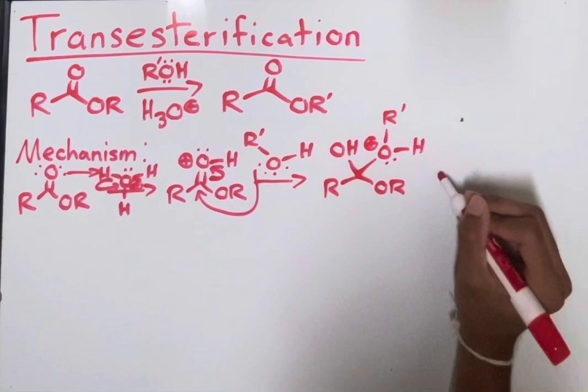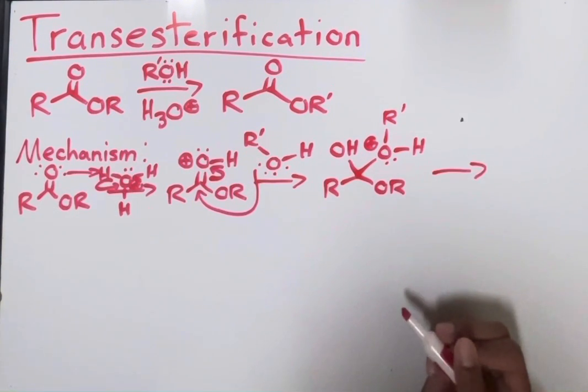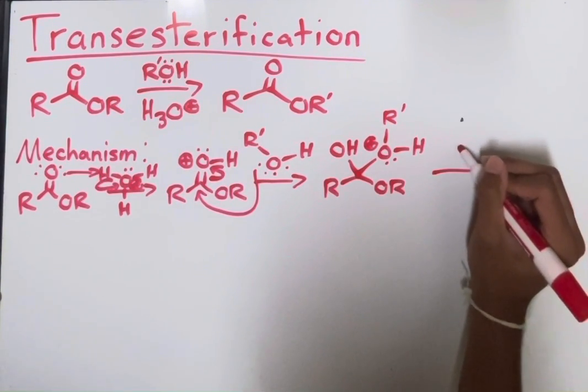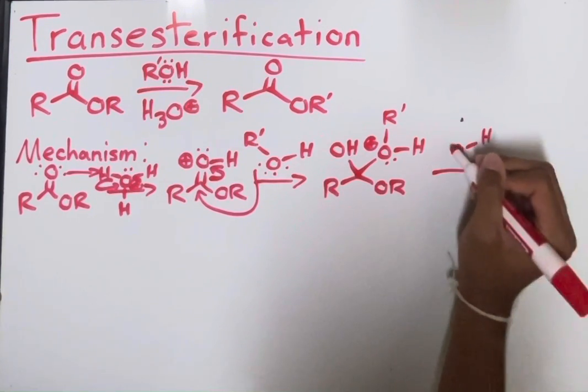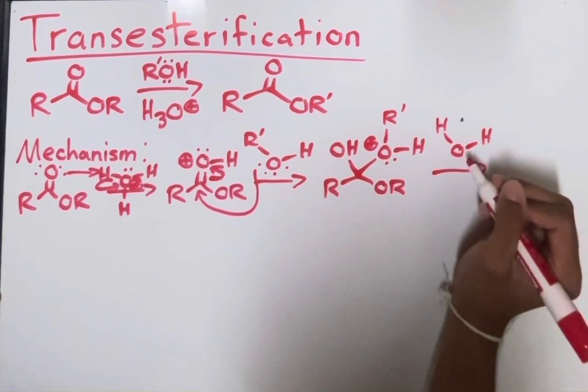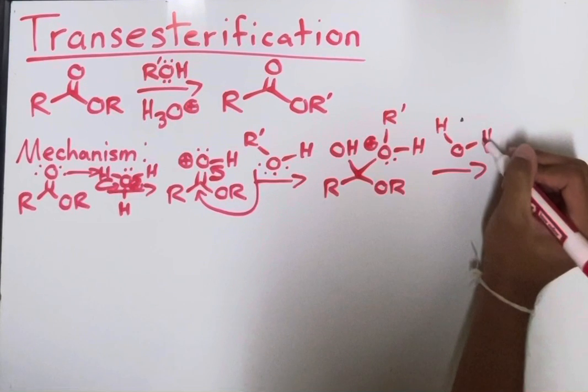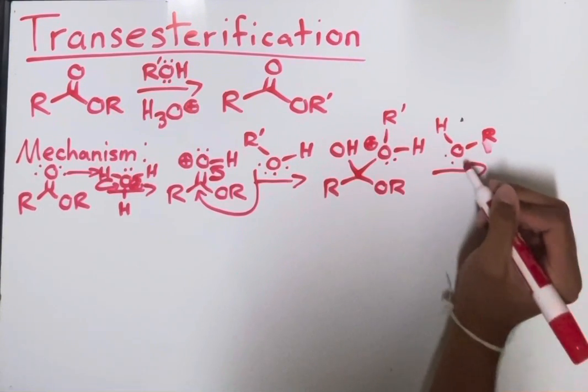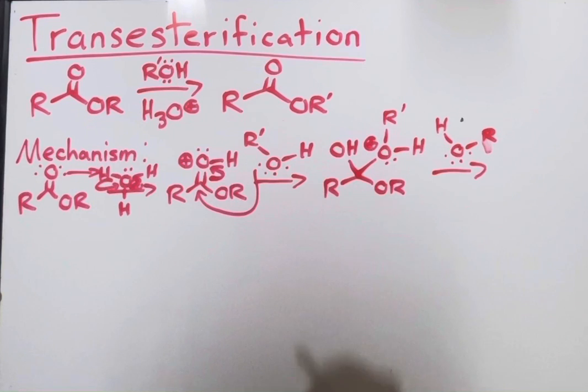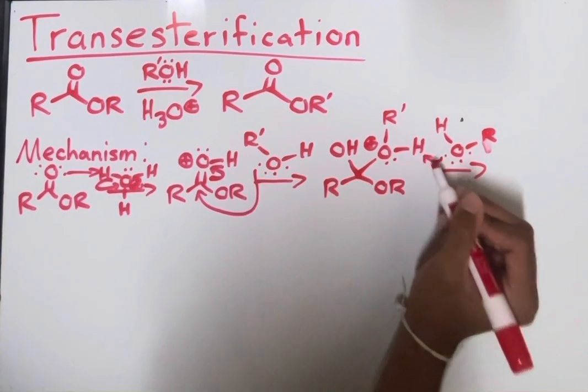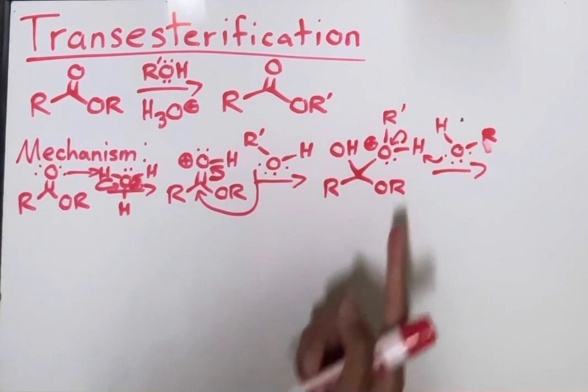So now what's going to happen is we will bring in another R'OH, sorry, I drew an H there, and this has two lone pairs. So what it's going to do is grab this H and move those electrons onto the oxygen right here.